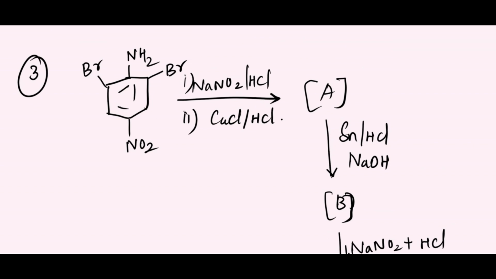It maybe seems to be a very big reaction, but there is nothing. So let's take the reagents. First NaNO2 with HCl. That will form diazonium salt. The second thing, CuCl, Sandmeyer reaction. With diazonium salt, what will that produce? It will produce Cl substitution, isn't it?